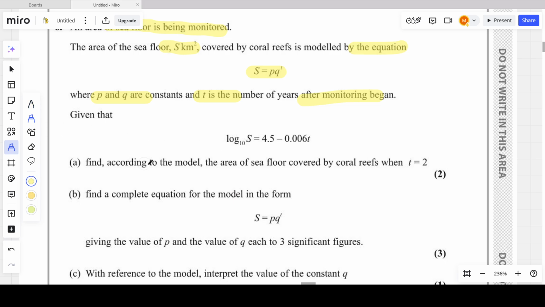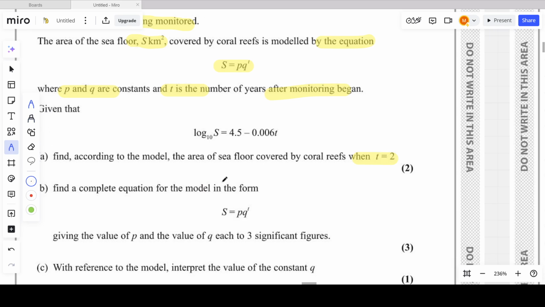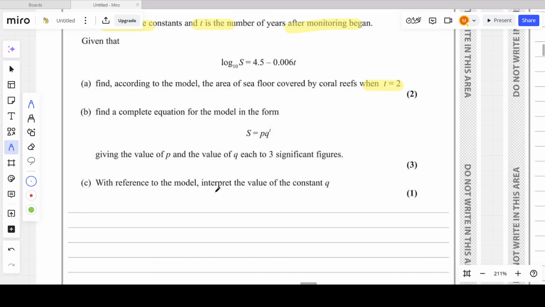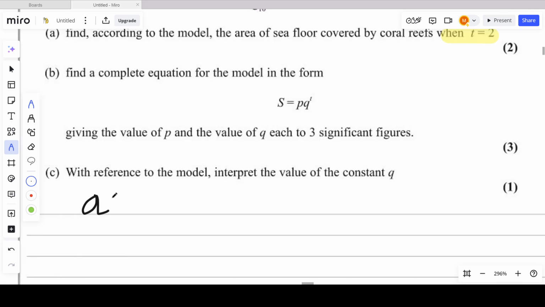Find, according to the model, the area of the sea floor covered by coral reefs when t equals 2. So when t equals 2, we need to find the value for S. Just put t equals 2 into the equation.